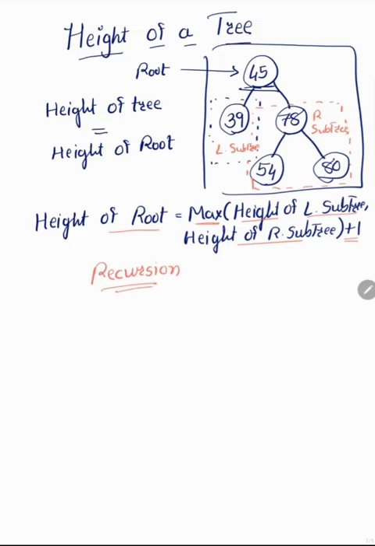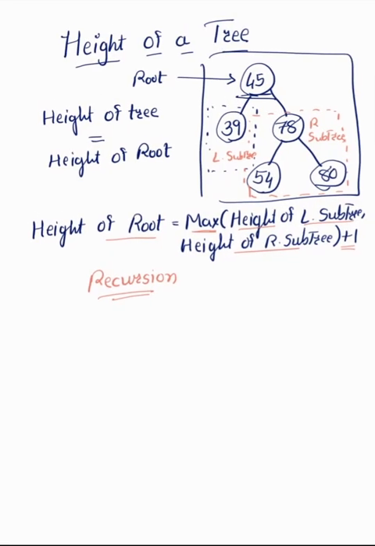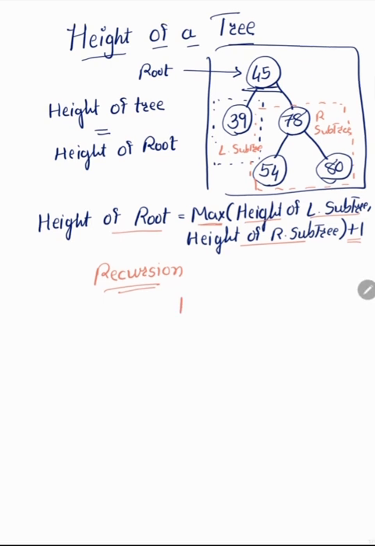For your understanding, even if you're not making the algorithm, you need to understand that the height of a null tree is equal to -1. Now this depends on the convention you are using.